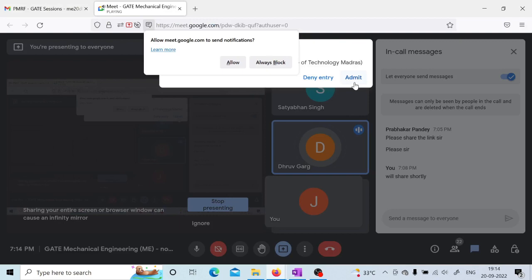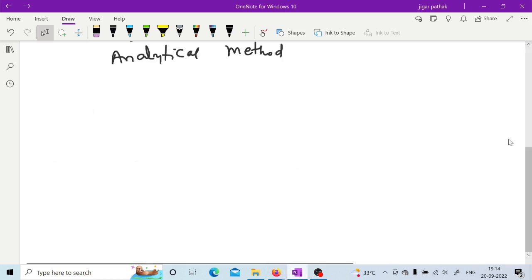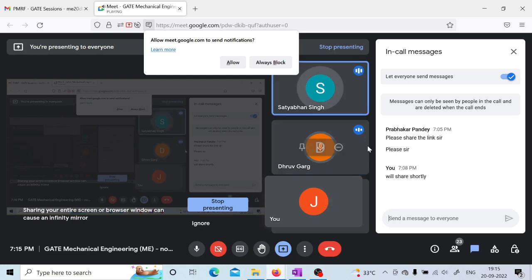So once you are done with this graphical method, kindly mute yourself. Kindly mute yourself. One second. Someone is there with Dhruv. Dhruv, kindly mute yourself. Dhruv. Sir, you can also mute him as you are the host.